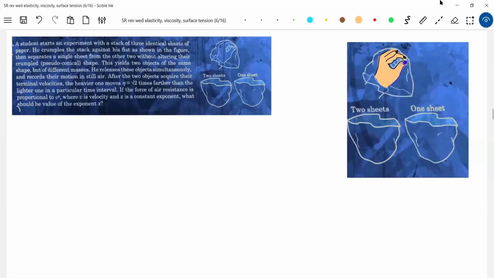You just squeeze it so that it becomes a conical shape, a pseudo conical shape. These are 2 objects of the same shape but of different masses. What is the mass of this? Let it be 2m. Here m. And here air is present. Surrounding is air. Okay, now let's get into the problem.